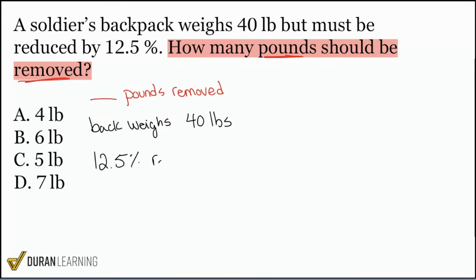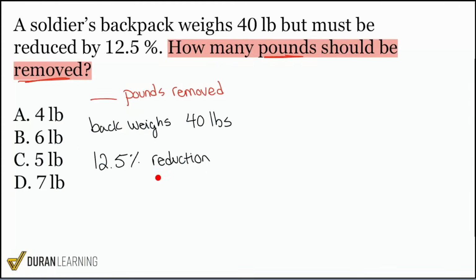12.5% reduction. Now, this is where, if you don't think that vocabulary matters in math, it does. My party people, can you tell me which two words that I've written on the screen mean the same thing? Hint, hint, they both start with R. Yeah, removed and reduction. These mean the same thing, everybody.